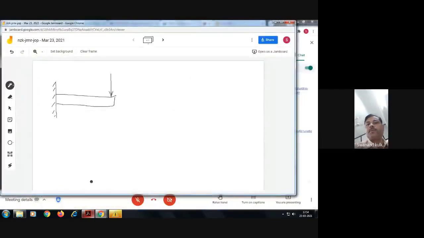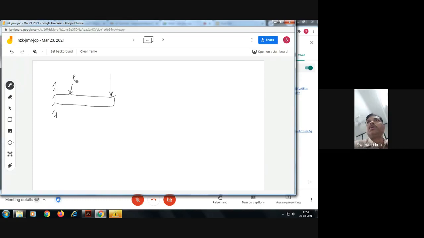You see, once again we will come to this figure. Now force is applied here. This part is elastic. Is it okay? This cantilever beam is the elastic part. Here we will consider this body as an elastic body.